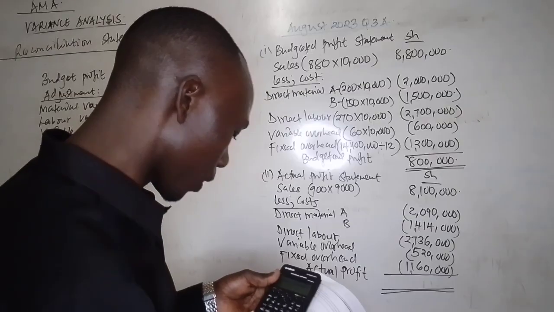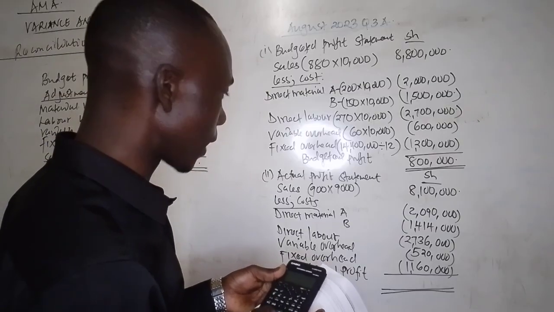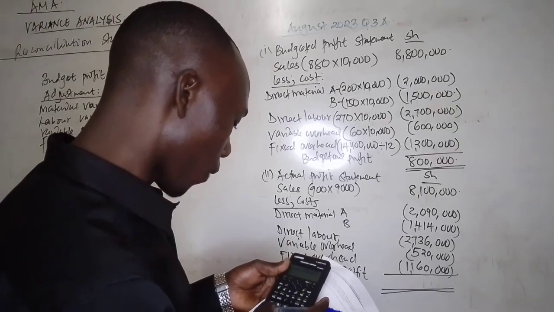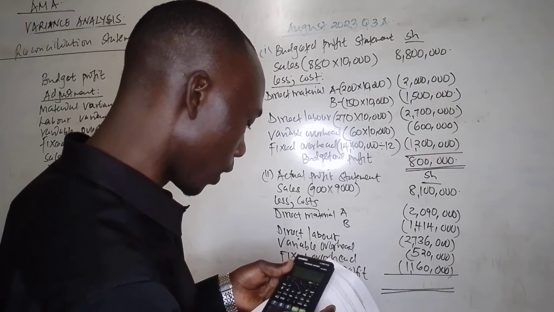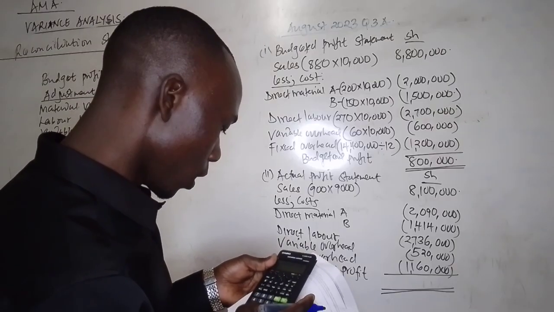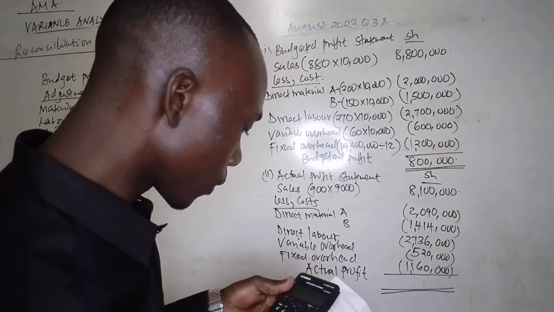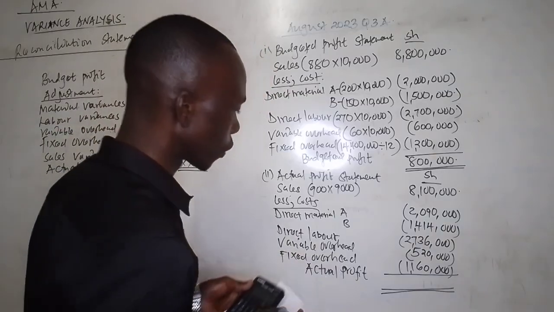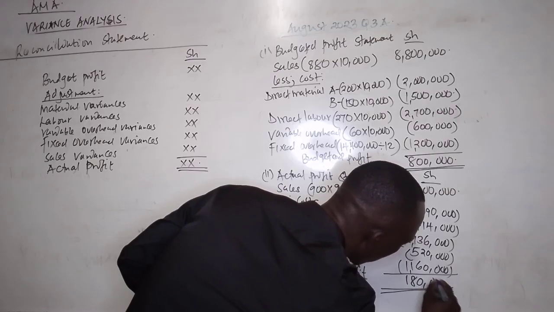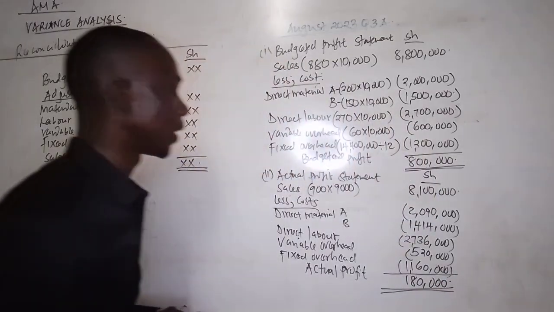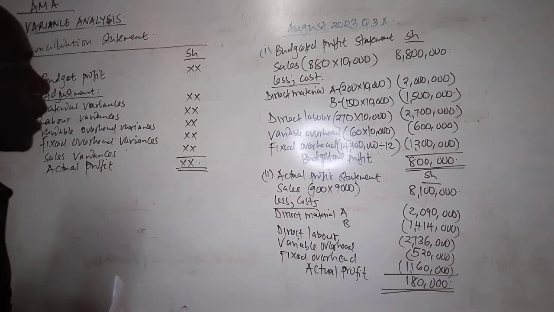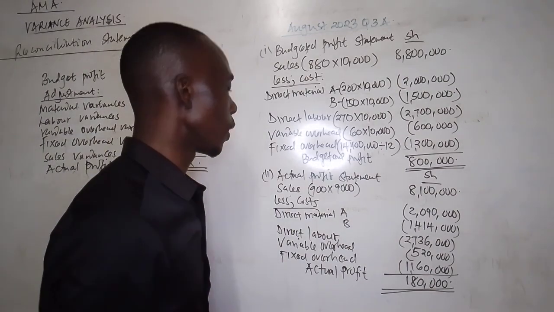Then we raise 2,736,000, minus 520,000, minus 1,160,000. So in that case, we will get how much? We are getting an actual profit of 180,000. So we are done with Roman 1 and we are done with Roman 2.